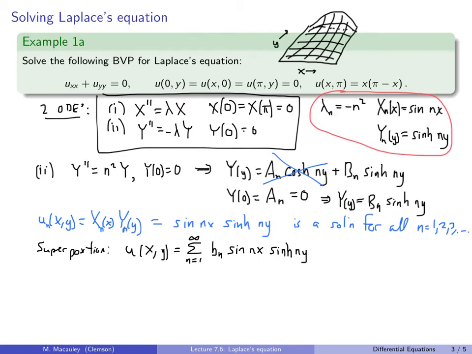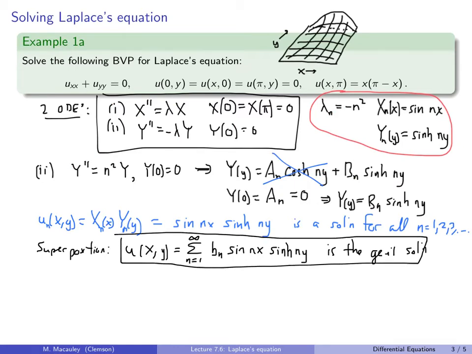So we call this the general solution. And let's talk about what this represents. This represents all possible functions satisfying Laplace's equation, so all possible soap bubbles where these three edges are 0.